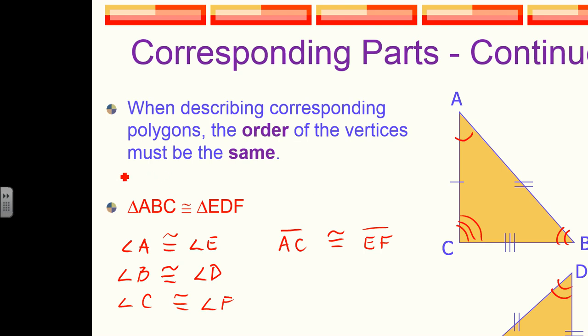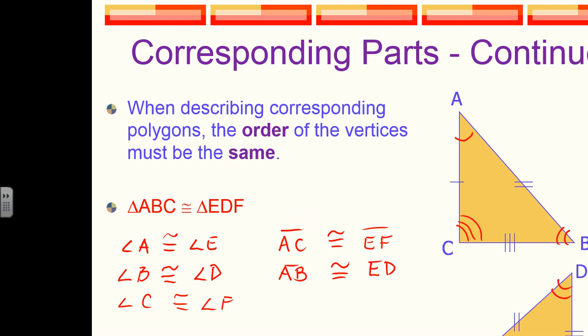AC corresponds, A and C are the first and last letters of the named polygon. E and F are the first and last of the other side. You can know that line segment AB corresponds and is congruent to ED.